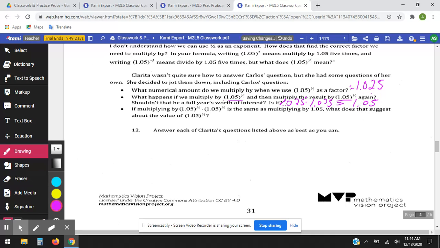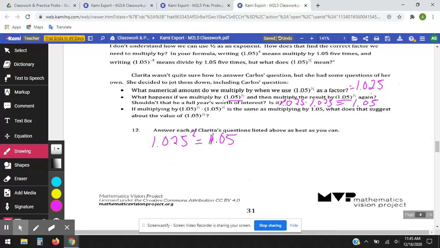So what does that suggest if multiplying 1.05 to the 1/2 times 1.05 to the 1/2 is the same as multiplying by 1.05? What does this suggest about the value of 1.05 to the 1/2? Well, any number times itself, 1.025 squared, equals 1.05.